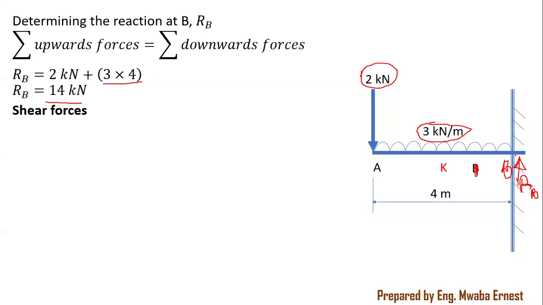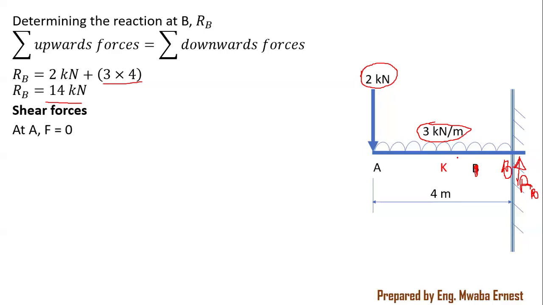Shear forces. Like I had said, deliberately I had planted this letter K in the middle, trying to tell us that when we are calculating, we take care of A, we take care of K before we go to the last one to make sure that we have more reliable answers. So let's start with point A. One thing you're going to realize, we've always emphasized that whenever you have a combination of a UDL and a point load, always expect 2 values from there.